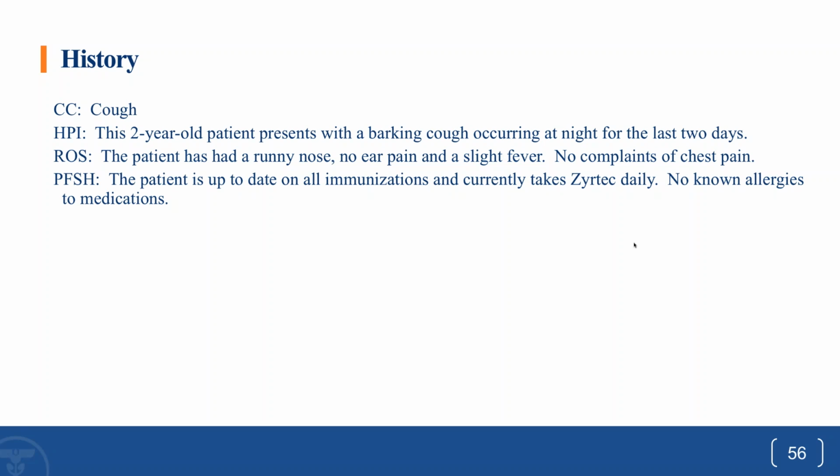No known allergies, because they ask about prior illnesses or allergies. That's still in past history. No known allergies to medication. So guess what? They asked 3 things, but they were only in one area, right? And so remember, what are your 2 levels for your past, family, social history?